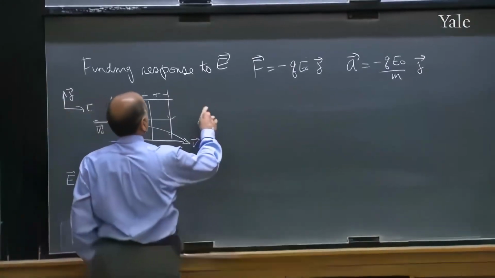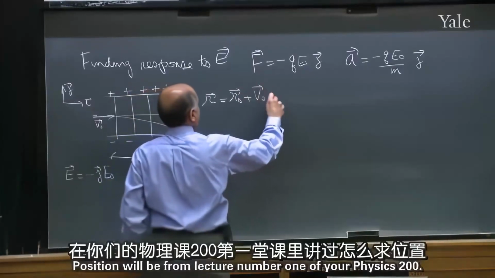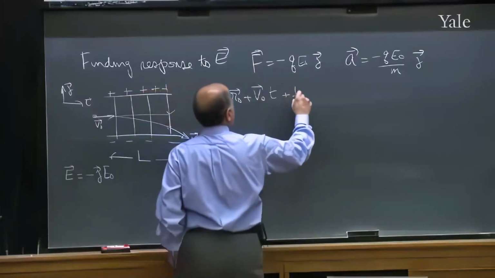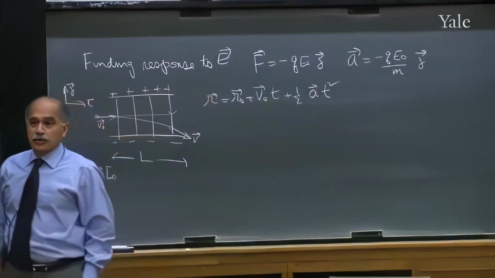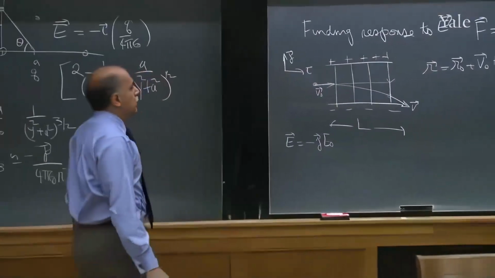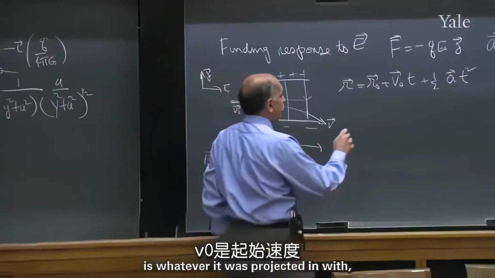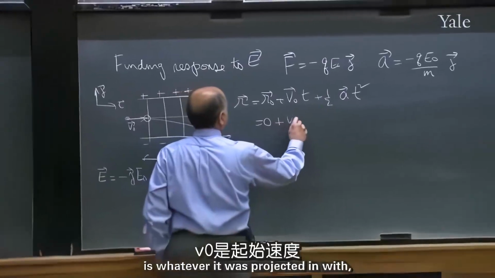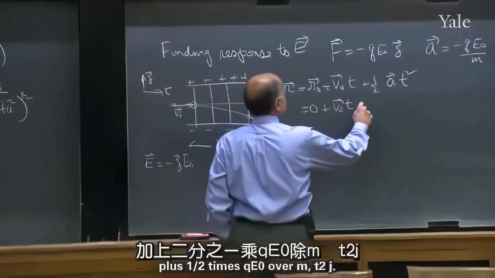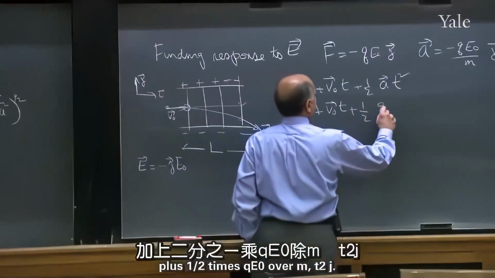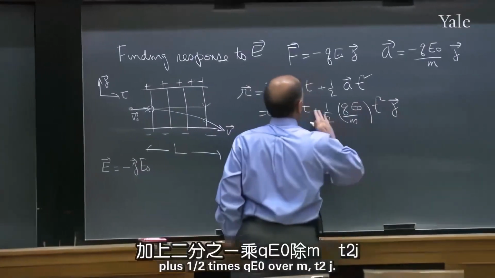So what will be the position? Position will be from lecture number 1 of your Physics 200. So let's say the starting point r naught is our origin. v naught is whatever it was projected in with, plus 1/2 times q E0 over m t squared j.